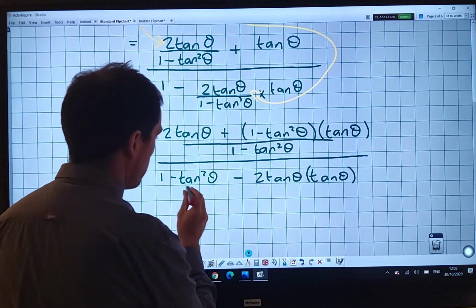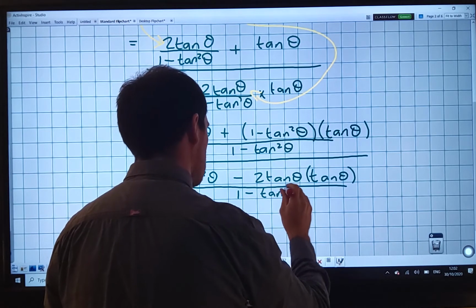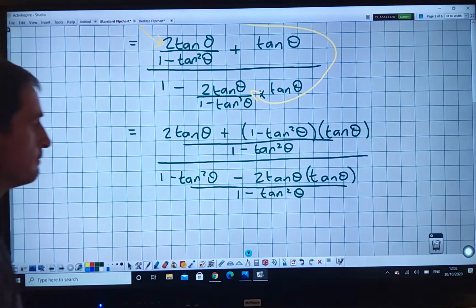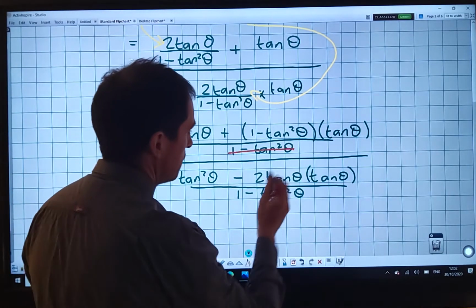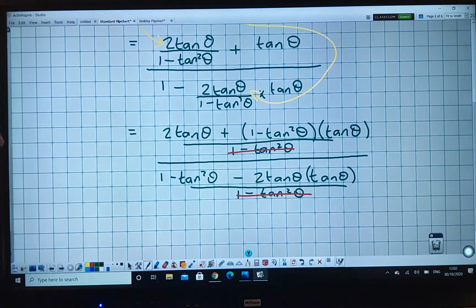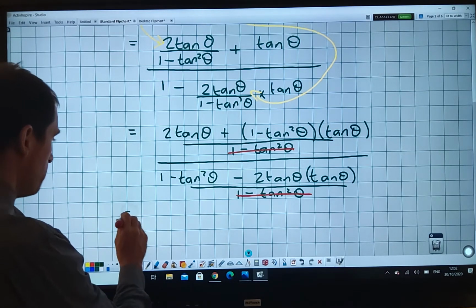And that's all over 1 minus tan squared theta. So now that's working out really nicely for me because they can cancel. Okay, and that leaves me then to multiply the following out.